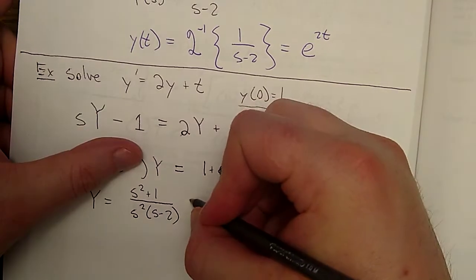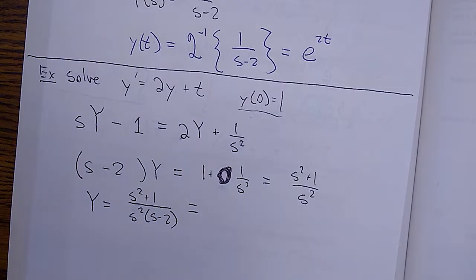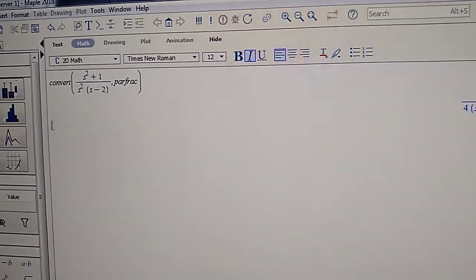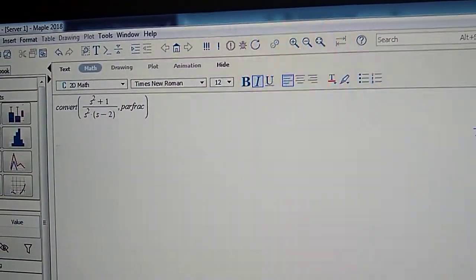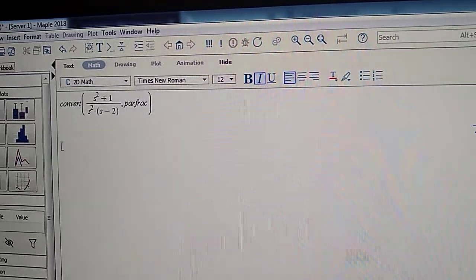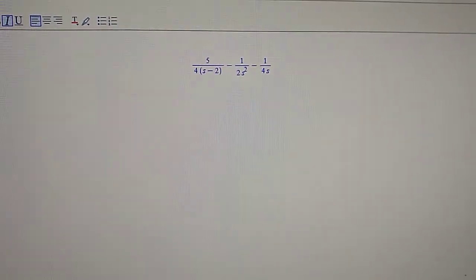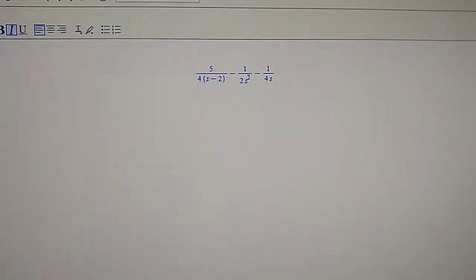Well, partly the answer is that I'm going to cheat, but I'm not fundamentally cheating. I just want to make the work go a little bit faster. So what I did in Maple is I took that and I converted it into partial fractions. This is the command to do that, by the way. This is a very handy thing to know how to do with Maple. And Maple tells me this: 5 over 4 times s minus 2, minus 1 over 2 s squared, minus 1 over 4s.